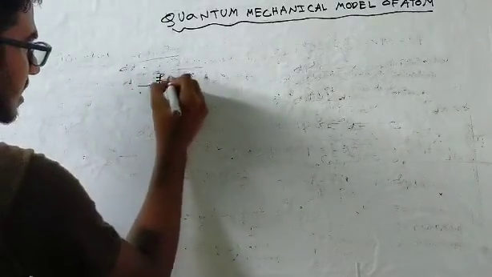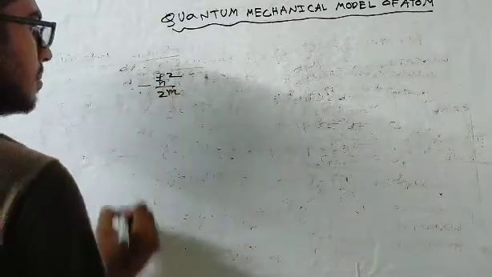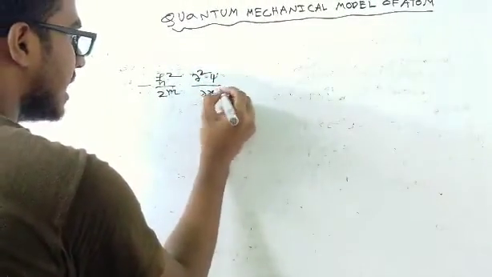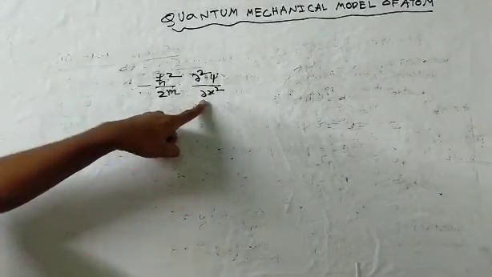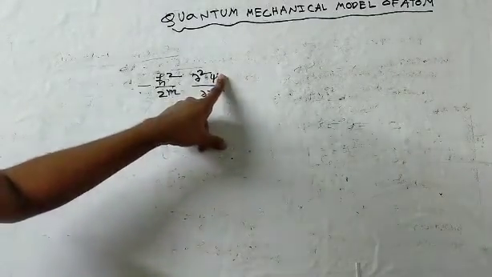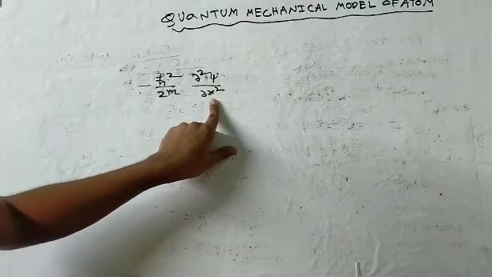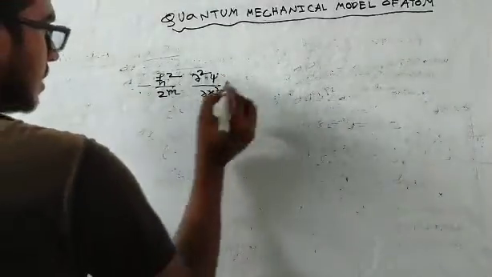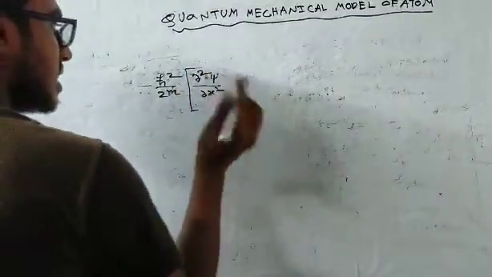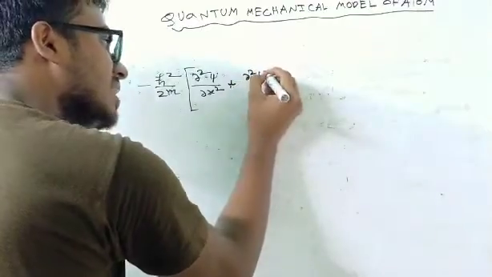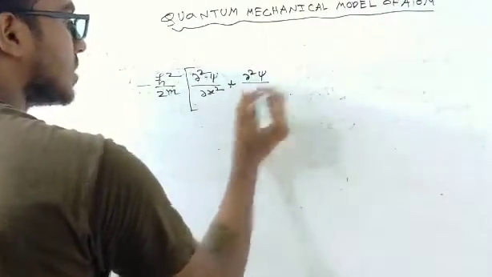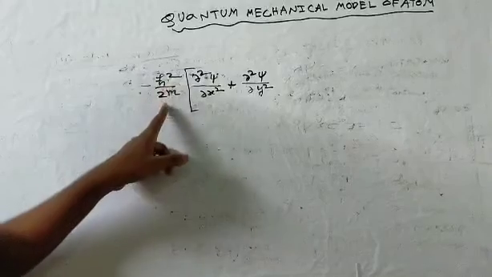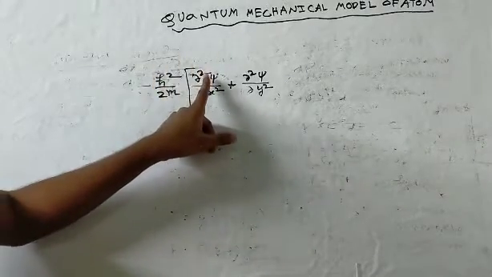The equation says minus h cut square by 2m into del square psi by del x square.